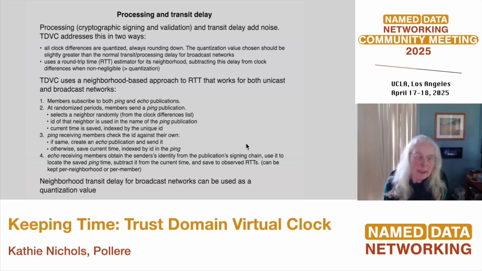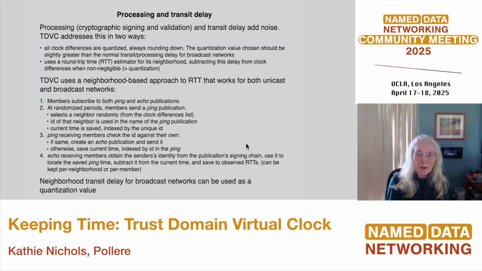What's nice here is that these collection semantics map really nicely onto broadcast networks, so you can do some things in a slightly different way. All the members subscribe to both ping and echo publications, and randomly a member will send a ping publication. It selects a particular neighbor to respond to it, sticks that ID in the publication name, and saves its current time.